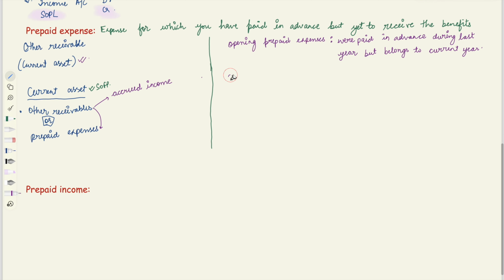Then we will have closing prepaid expenses. Closing prepaid expenses are paid in advance during the current year, but belong to next year. Okay, it means they will be incurred in the next year. I will receive the benefits in the next year.